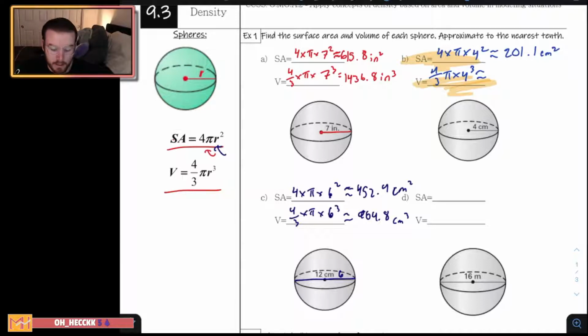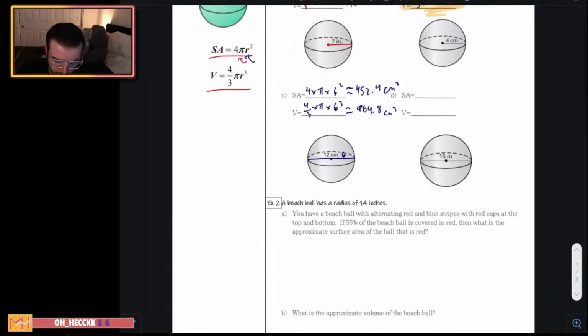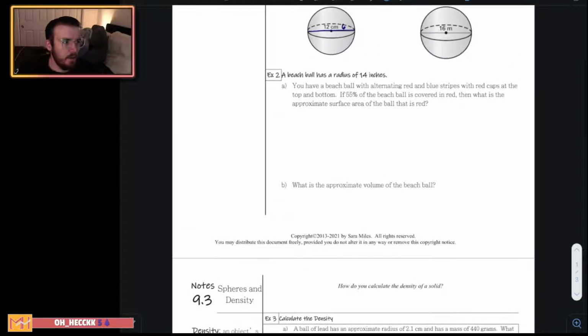And then 4/3, so 4 cubed is 64 times pi times 4 divided by 3 gives me 268.1 centimeters cubed. I'm going to go ahead and leave that last one blank. Do we really need to do it one more time? Probably not.